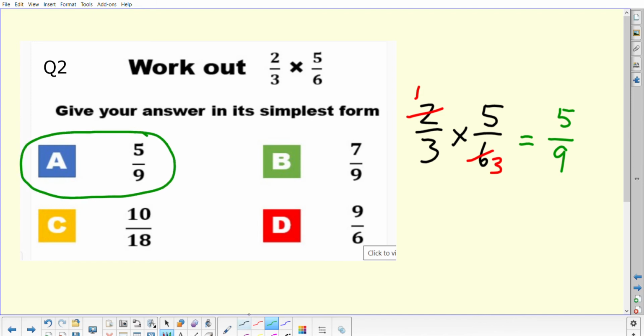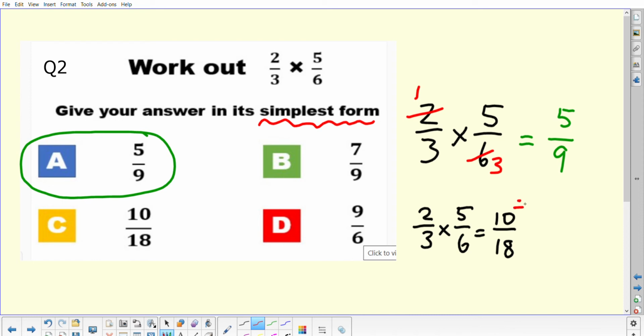Now notice that if you didn't do the cancelling, so you did it like this, 2/3 times 5/6, and you just went ahead and did 2 times 5 and got 10, 3 times 6 got 18. That answer is there, however, that's not the simplest answer, and when you do fraction calculation, you are always expected to come up with your answer in its simplest form.